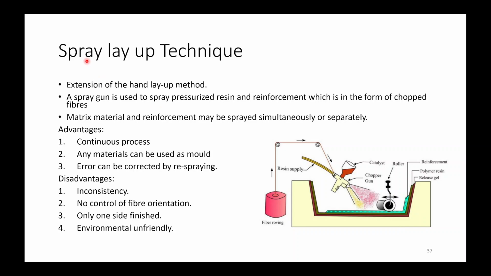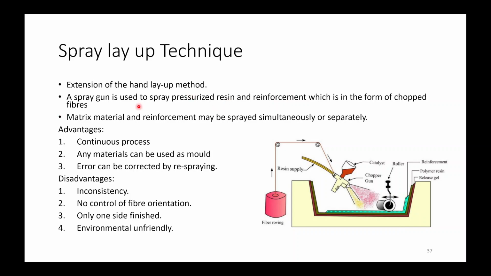Now the second method is the spray layup technique. In this case, it is an extension of the hand layup method. So it is a very similar method, just we are using this spray gun. Now this spray gun has two outlets. One will be for reinforcement and one will be for resin.